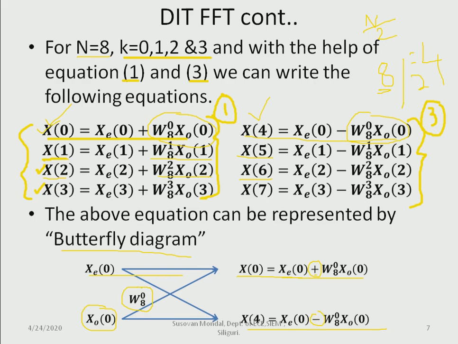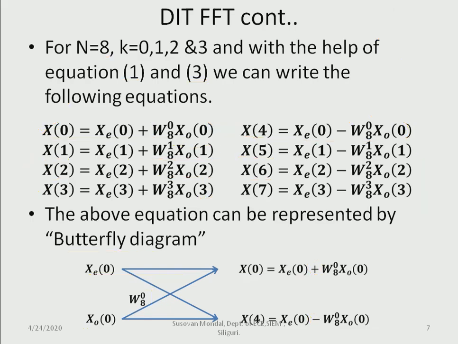So log n will be the number of stages, and each stage has n by 2. So the total complex multiplications is n by 2 log n. This is the formula to calculate the total number of complex multiplications for DIT FFT or DIF FFT, anything. Clear? So this is the basic butterfly diagram.